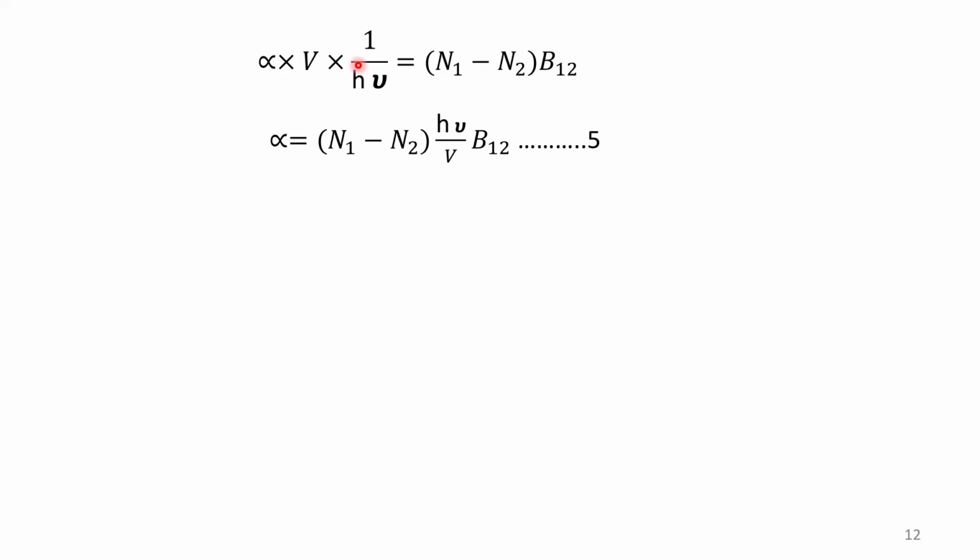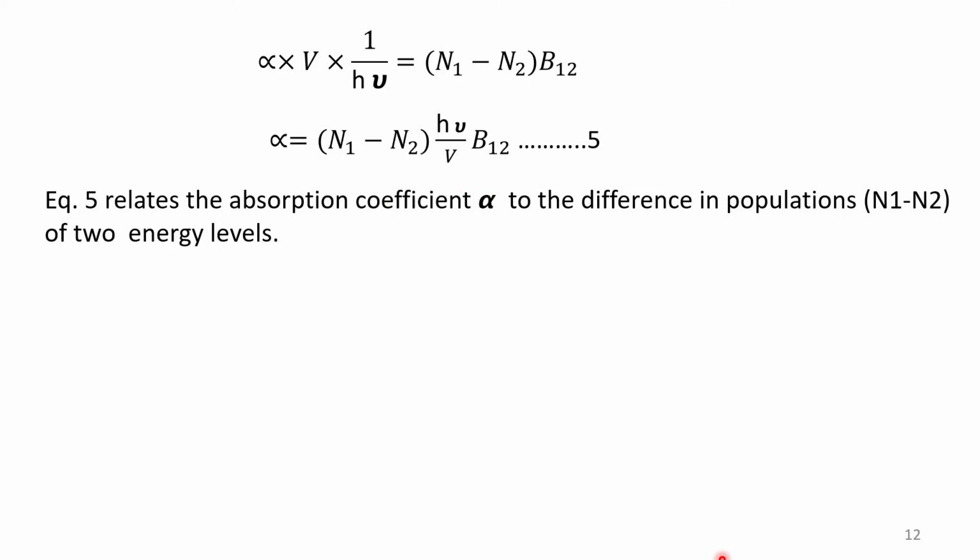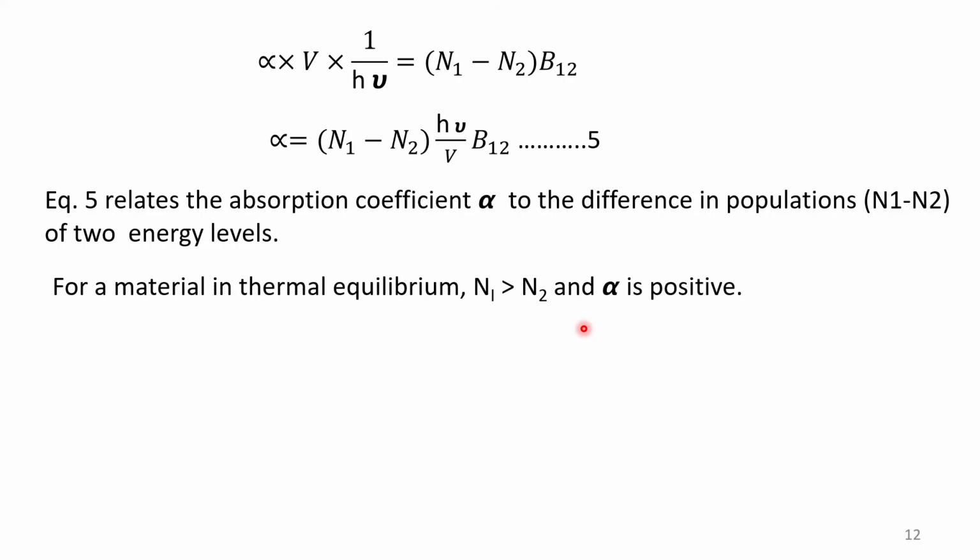We can express it in terms of alpha, that is the absorption coefficient: alpha is equal to N1 minus N2 into h nu divided by v into B12. Now this equation number 5 relates the absorption coefficient alpha to the difference in the population, that is N1 minus N2, of the two energy levels.